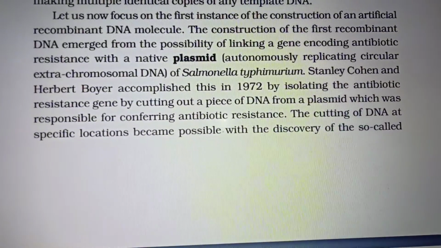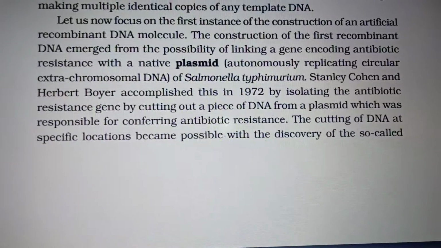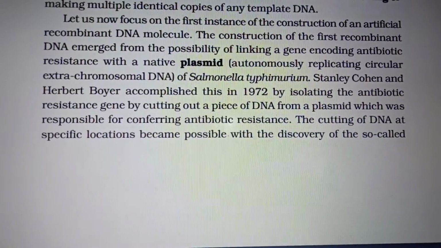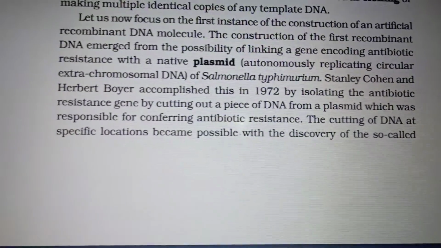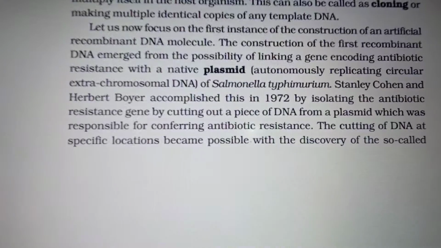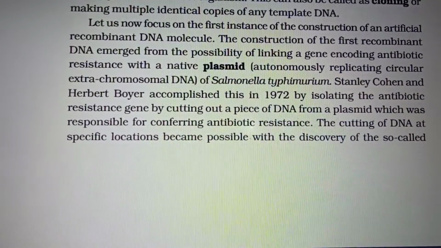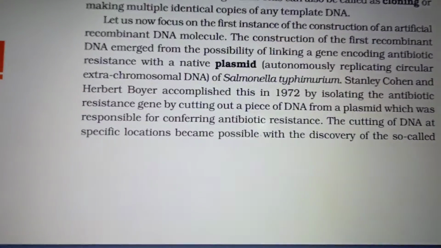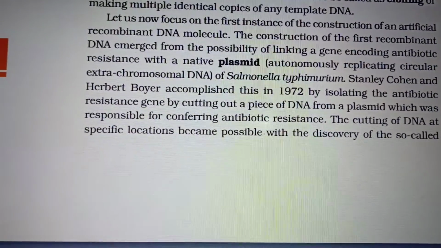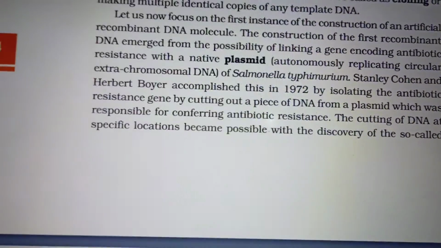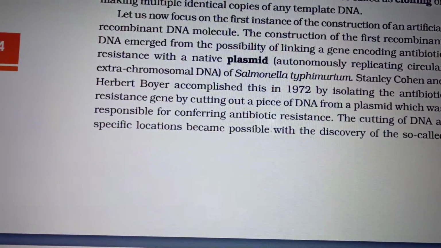The construction of the first recombinant DNA emerged from linking a gene encoding antibiotic resistance, extracted from DNA, with a native plasmid which acted as a vector. A plasmid is extrachromosomal DNA.